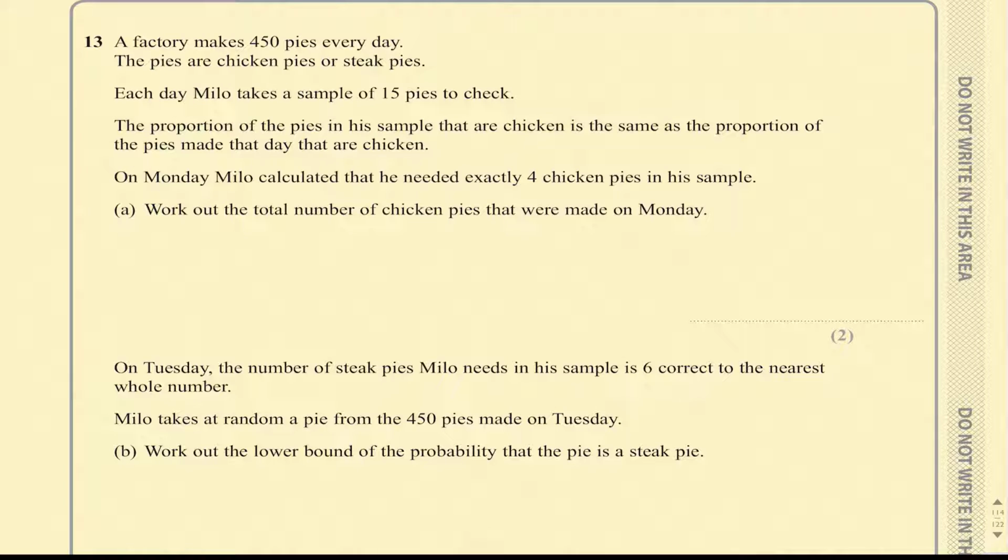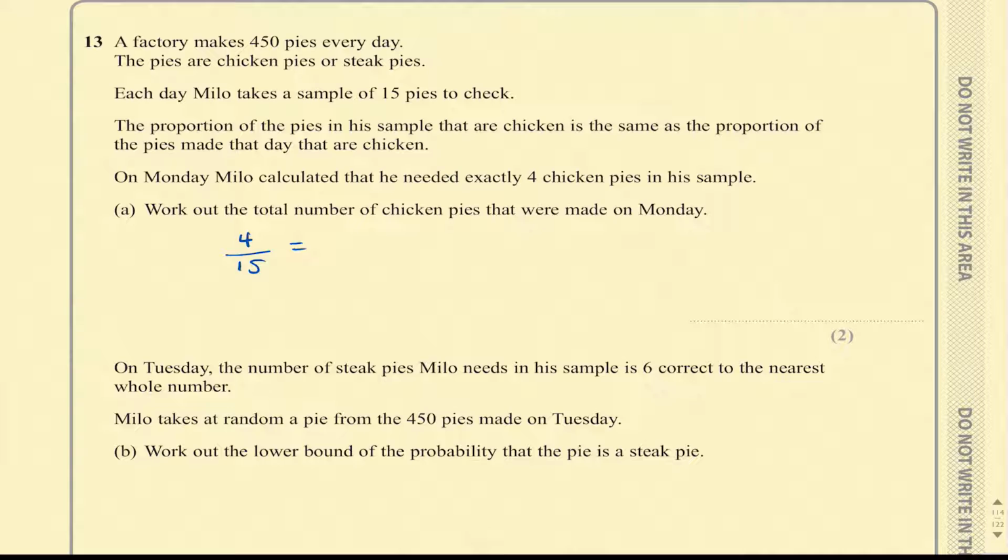On Monday, Milo calculated that he needed exactly 4 chicken pies in his sample. So, on Monday, he needed 4 chicken pies in his sample, so that will give us 4 over 15.